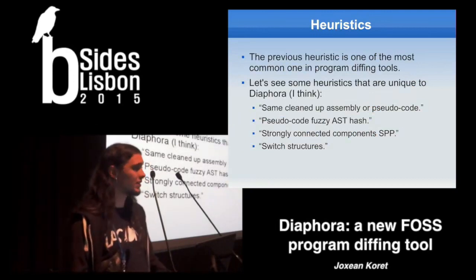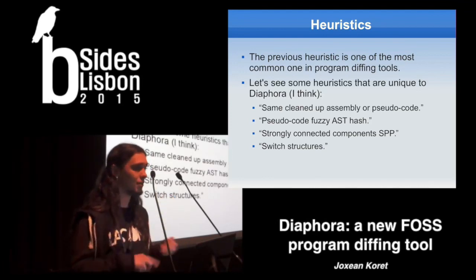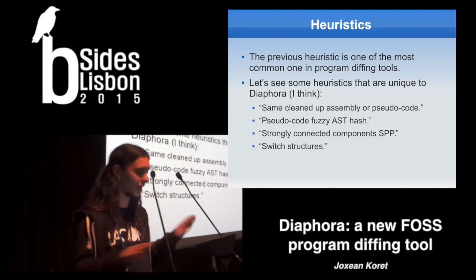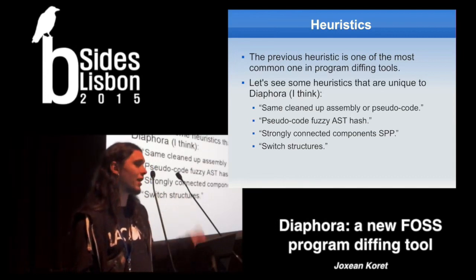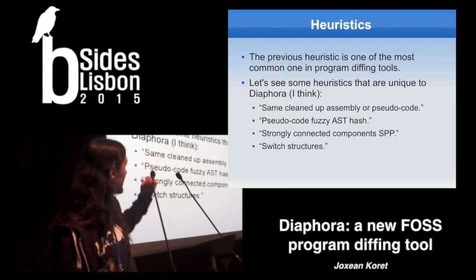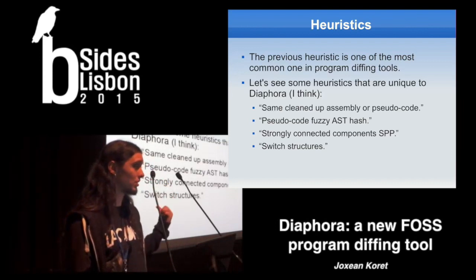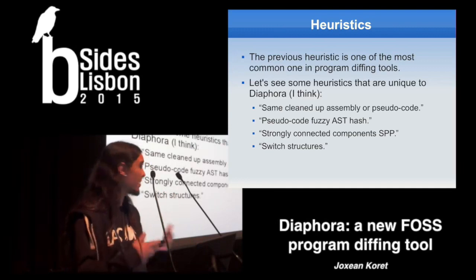This is one of the most common heuristics in program diffing tools. Such a heuristic is available in Zynamics BinDiff, DarunGrim, TurboDiff, and in any other program diffing tool. In Diaphora, I have many heuristics that are actually specific to this tool. Some of them are the same cleaned up assembly or pseudocode, because it's the only tool that is using the pseudocode as of today for finding matches.